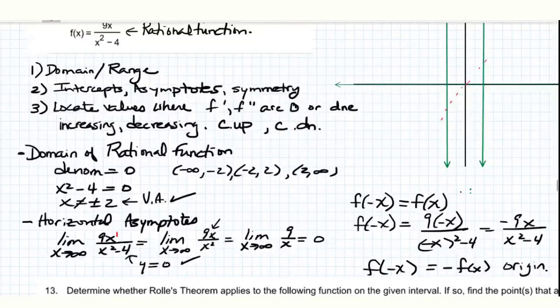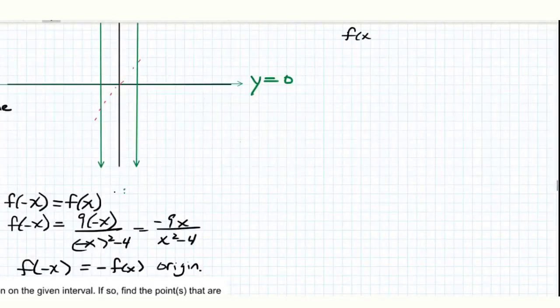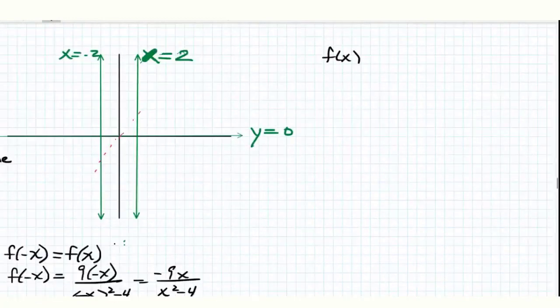Next thing we're going to do is locate some critical values. So we have f of x is equal to 9x over x squared minus 4. We're going to find f prime. This is something with an x divided by something with an x, so we have to use the quotient rule.